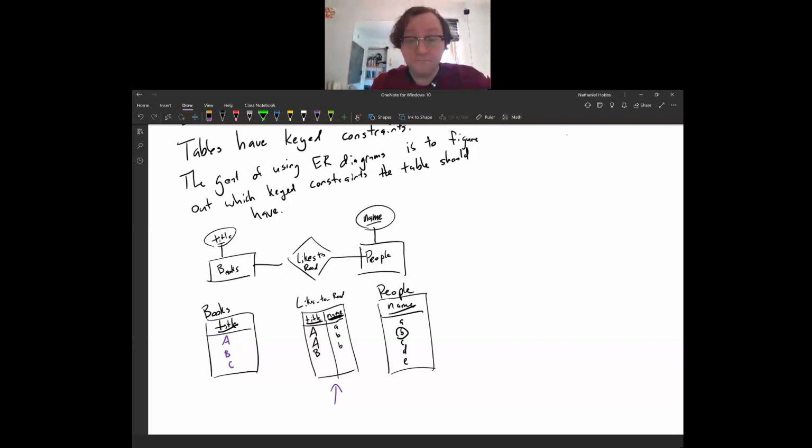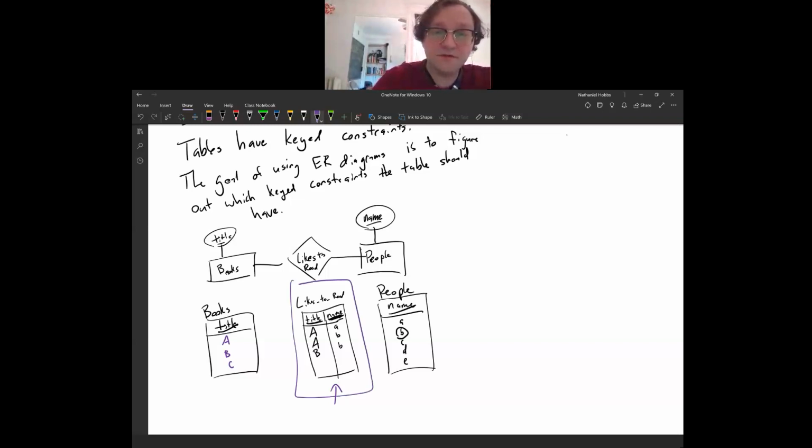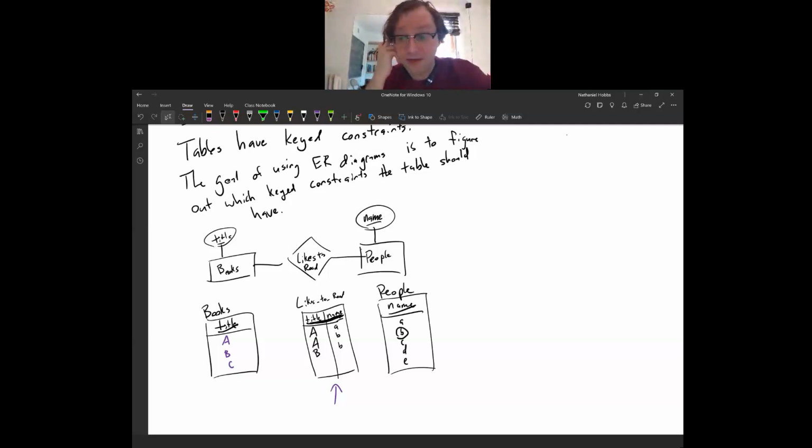Now, this relationship here and the constraints are both being captured in this table. And that's not actually quite right. Here, this should be a compound key.